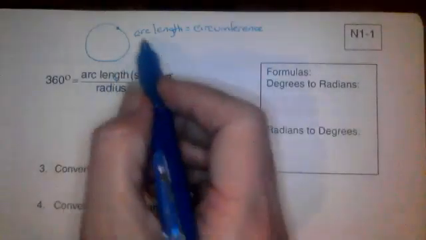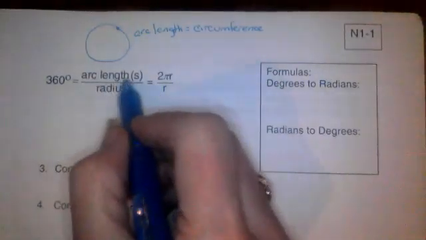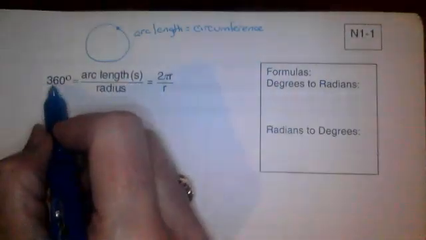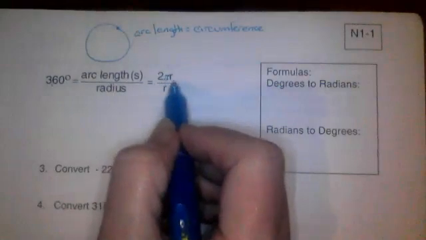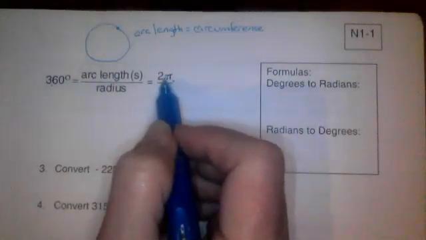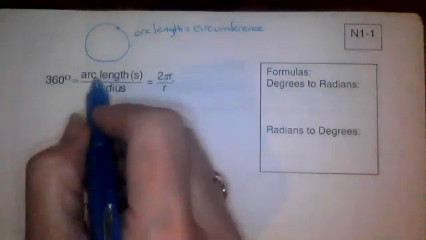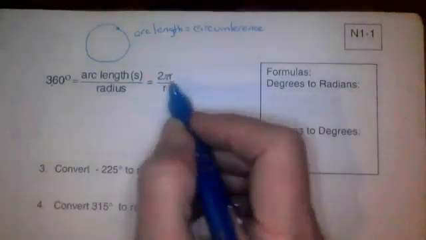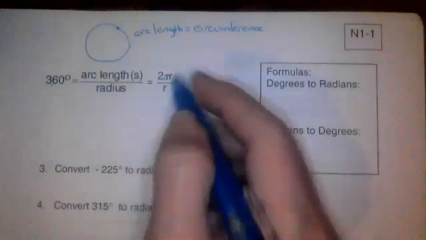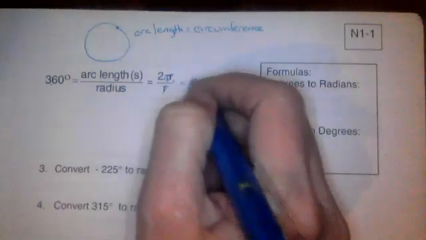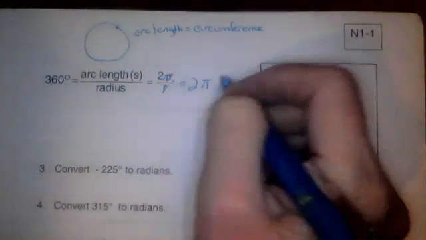Arc length is equivalent to the circumference if I go all the way around. So when it says arc length for 360 degrees, that would be 2 pi r, which is the circumference formula. And we know that a radian is the arc length divided by the radius. So here it's 2 pi r divided by r. So we just get 2 pi radians.